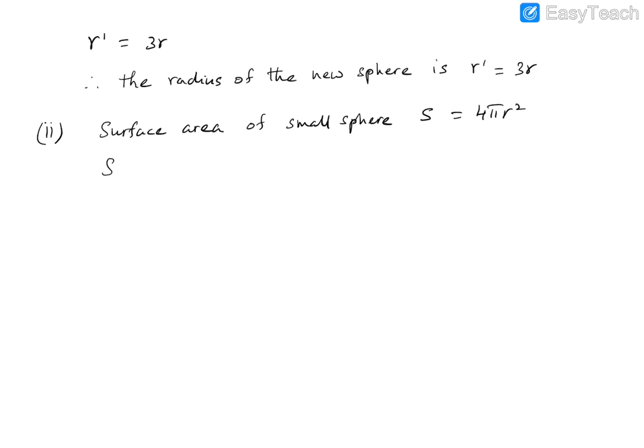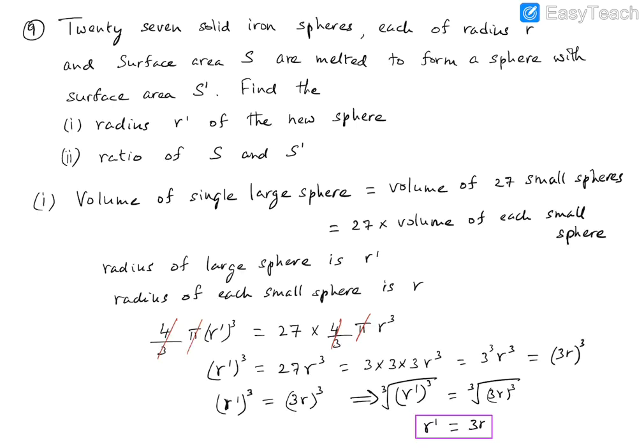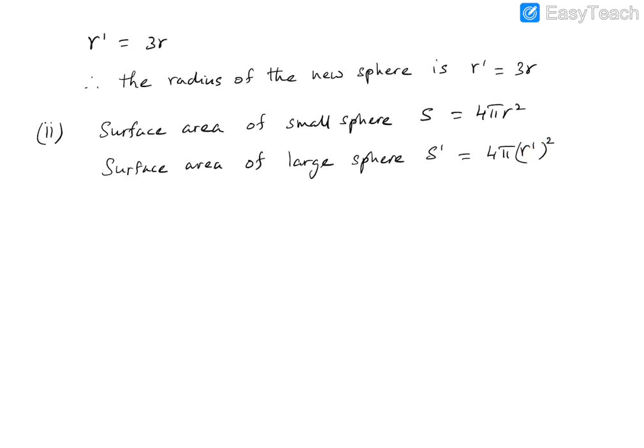Similarly, the surface area of the new sphere or the larger sphere, which we denote as S dash, is going to be 4 pi r dash square, because the radius of the larger sphere or the new sphere is r dash. So in the formula for the radius, we will substitute r dash for the value of the radius. So it's 4 pi r dash squared.